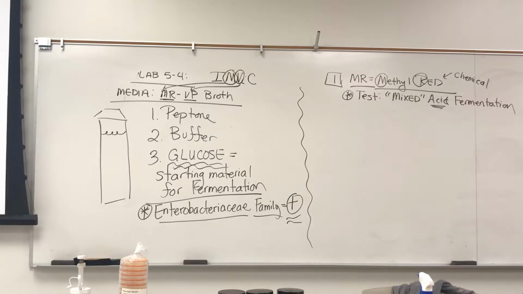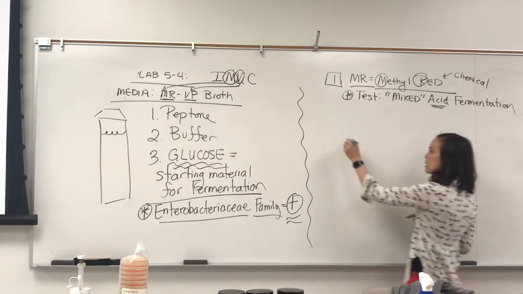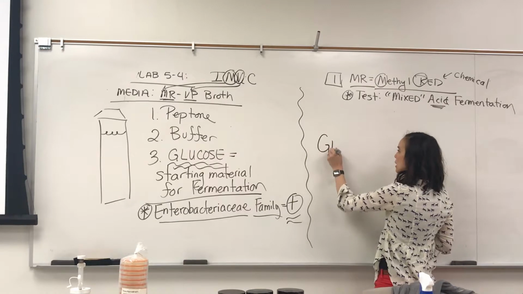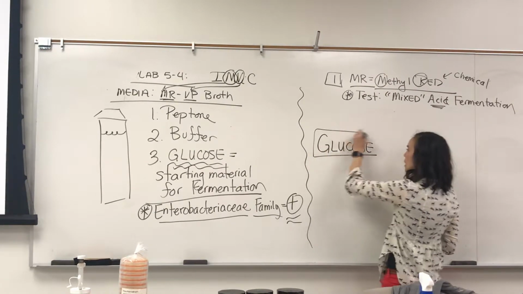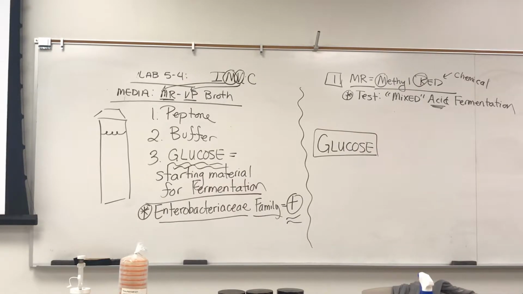It's got that acid word in it, so we're just going to look for acid again on the MR test. To clarify, we are going to start with glucose. Glucose is our starting material. So that's going to be the sugar that we're going to focus on for this fermentation lab, not lactose or sucrose, just glucose.